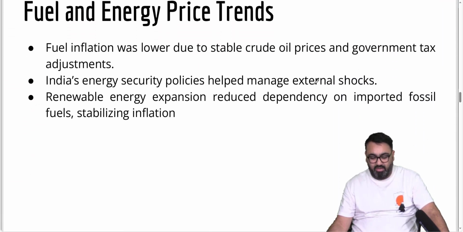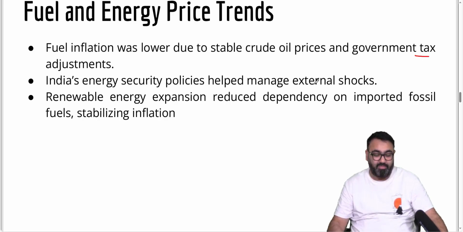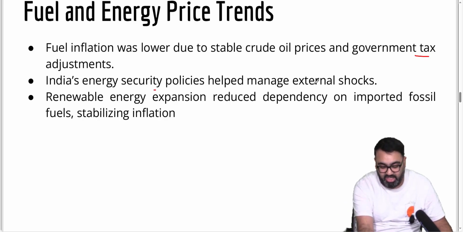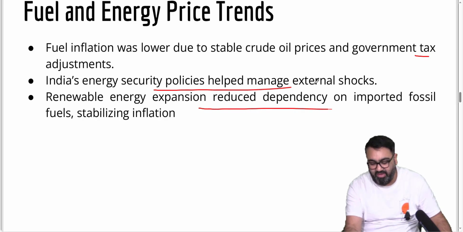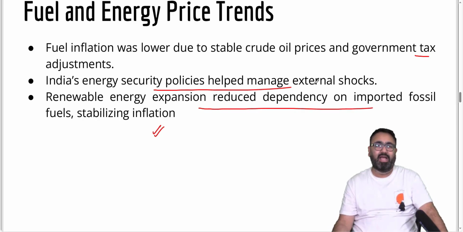On the fuel front, it was not so much of a task, although prices were fluctuating globally. But as I said, the government did make some tax adjustments. Apart from that, one other interesting thing was that India continued to focus heavily on renewable energy, because of which we were able to reduce our dependency on fossil fuel. For example, as you know, our ethanol blending program is going on.